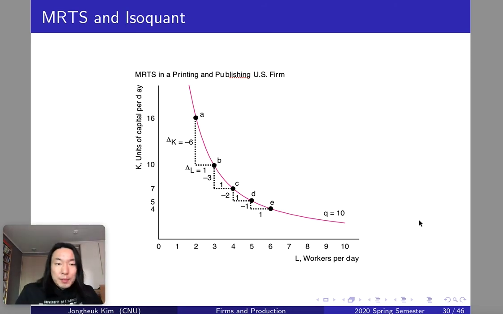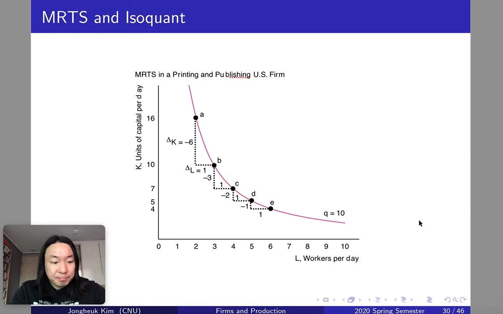Anyway, we can continue discussing the MRTS and the isoquant. This graph is really important for your understanding of the properties of MRTS and the economic meaning of MRTS with the law of diminishing returns.